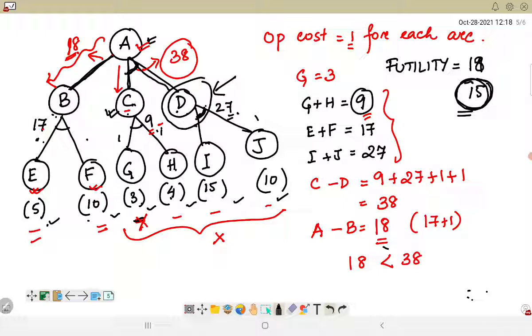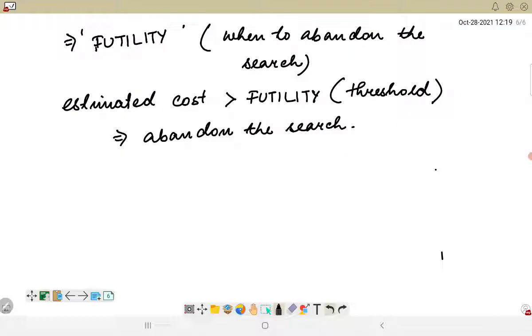That means it is crossing the estimated cost that I can bear in order to complete that search. So the futility factor is very important from the perspective of identifying where we should stop our search and consider that it is no longer worthwhile to search for that particular solution.